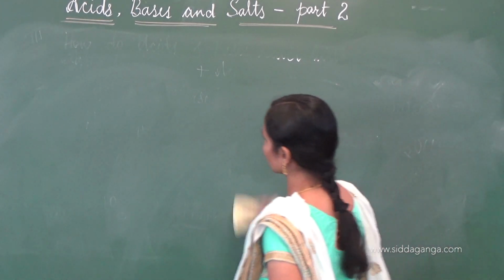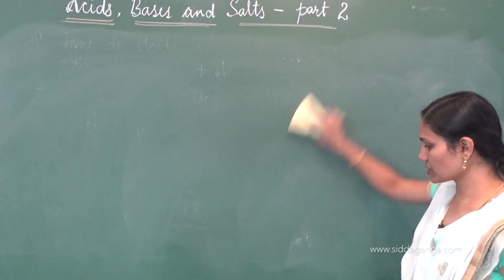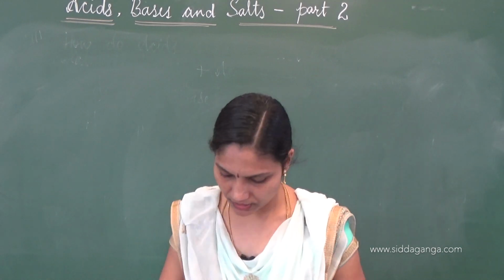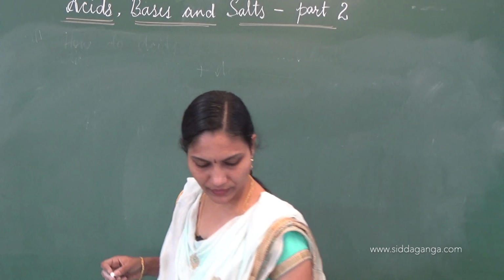Check out whether all the equations we wrote are balanced. If they aren't balanced, you need to balance them. So further, we will understand how do metallic oxides react with acids.